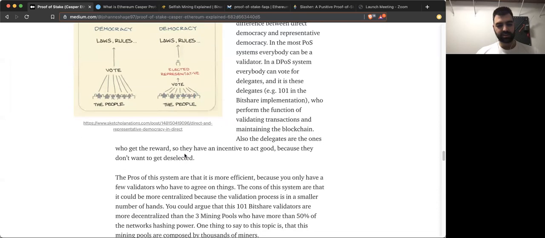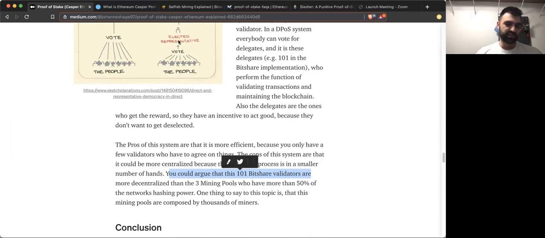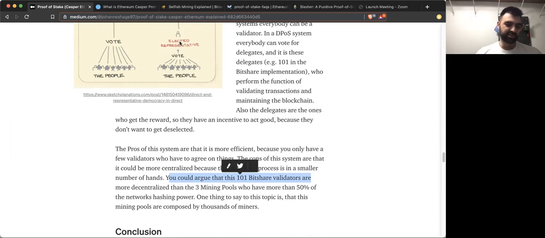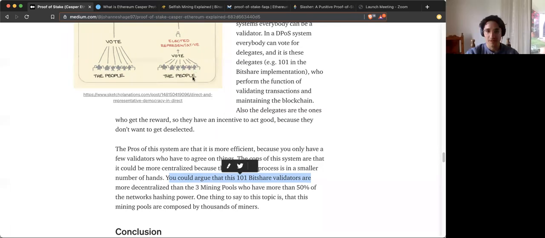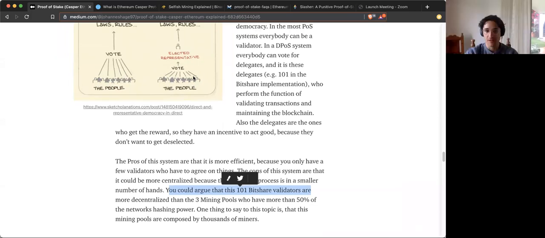Okay, so that's the gist of it. But again, this is a problem with centralization, right? Because you're giving the power to a select few individuals that have the power to validate transactions. But you can control it, I guess, right? Yeah, I guess you can control the centralization rate. Yeah, that's true.